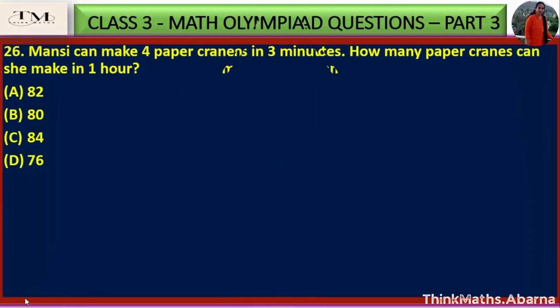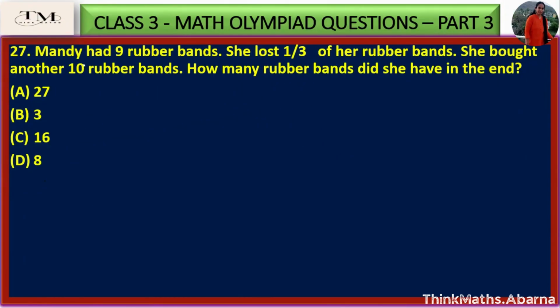So moving on to the next question, 27. Mandy had 9 rubber bands. She lost 1 by 3 of her rubber bands. She bought another 10 rubber bands. How many rubber bands did she have in the end? So what is given? Mandy had 9 rubber bands.